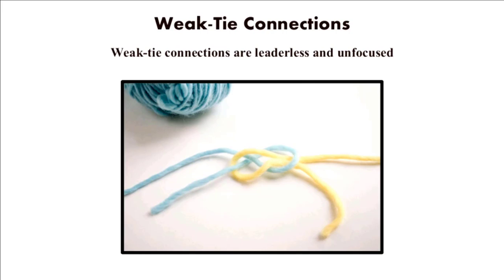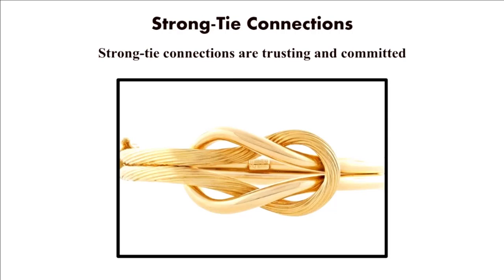Little groups or teams that don't necessarily have a shared goal or interest. Whereas a strong tie connection is often a group of people that is trusting and committed and often has strong leadership as well.